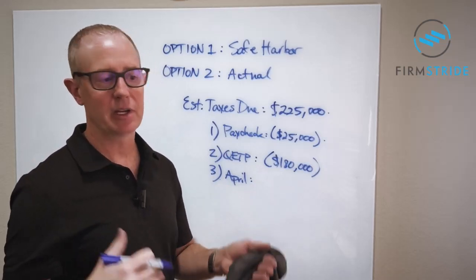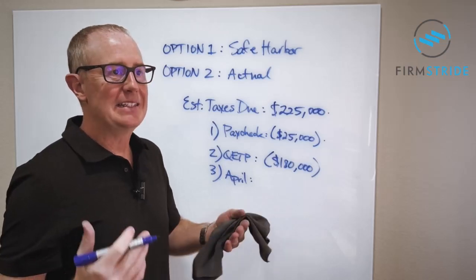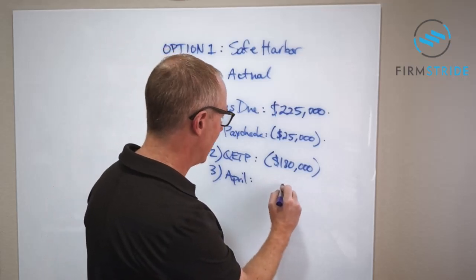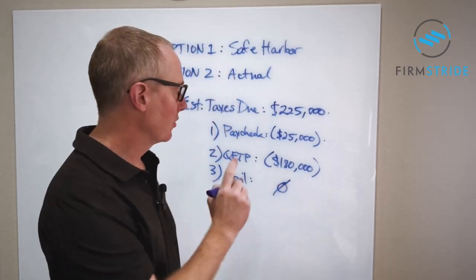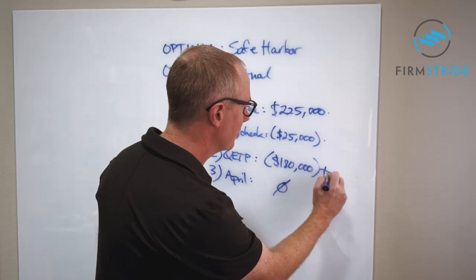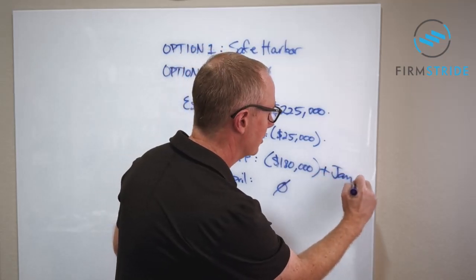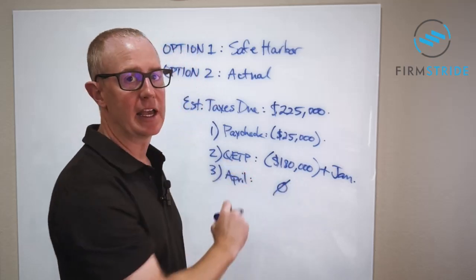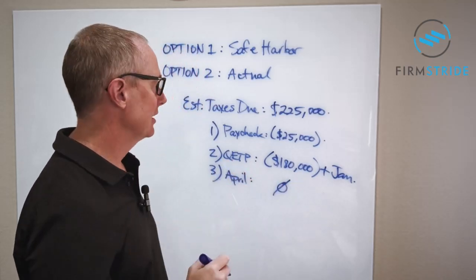I do not recommend that because you're giving the government a free loan. Ideally, you end with about a zero balance. So ideally, the April is zero. So the question is, how much more do we need to pay in January to get our quarterly estimated tax payments up? And let's calculate that.